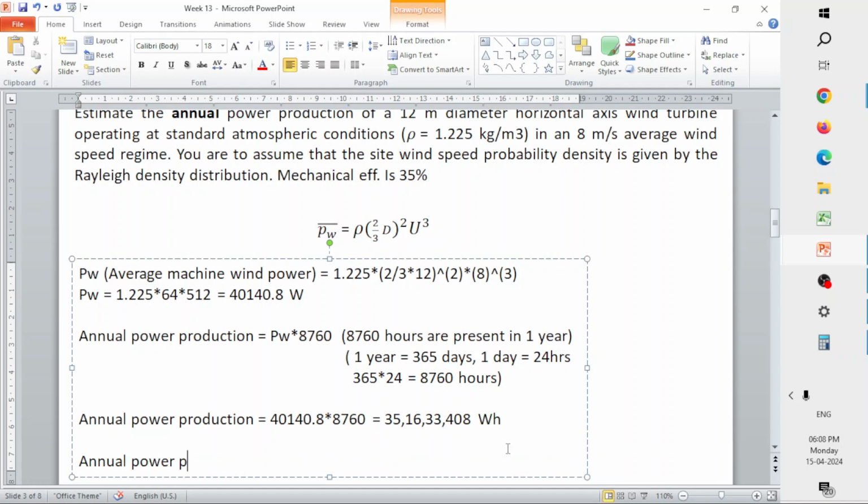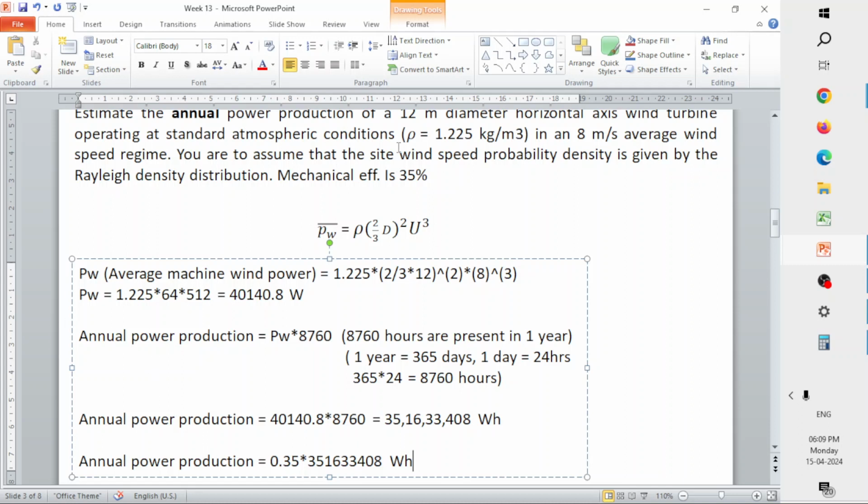If a certain mechanical efficiency or turbine efficiency is given to you in the question, then you are supposed to multiply that with your annual power production value. So this will be the annual power production considering the mechanical efficiency.